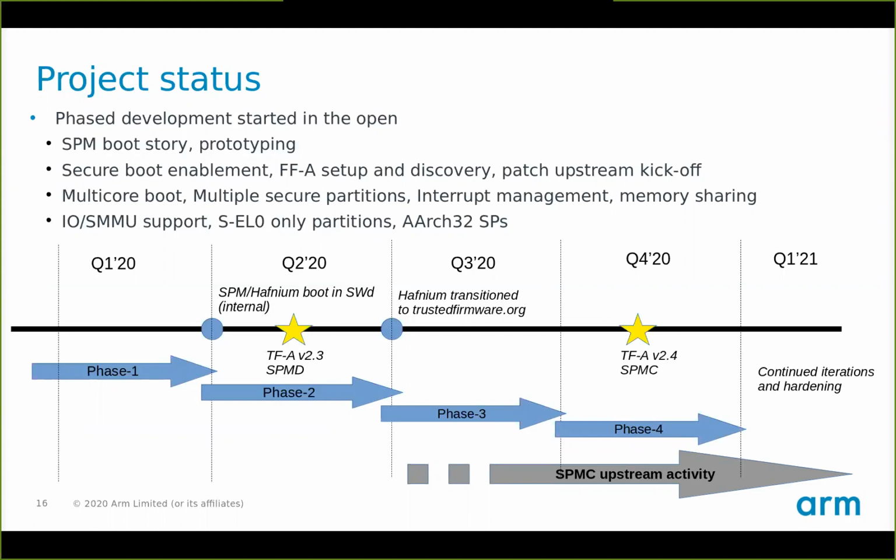So the development was phased, or cut into phases, starting end of last year, beginning of this year. It has mainly been focused around how we boot things and prototype a first iteration for Hafnium in the secure world.